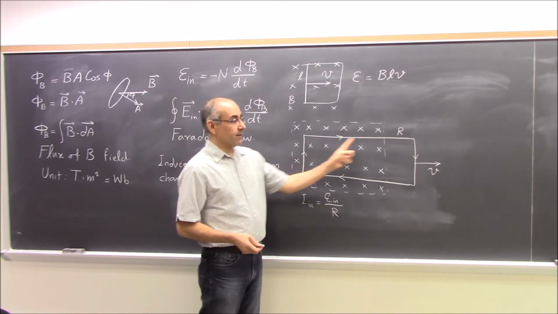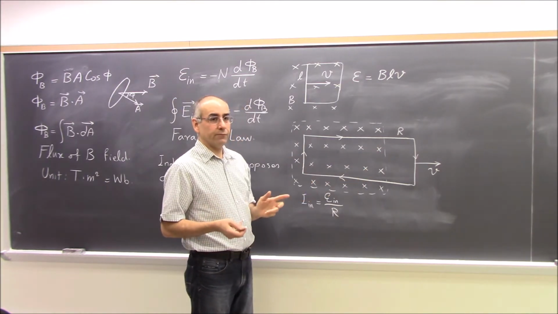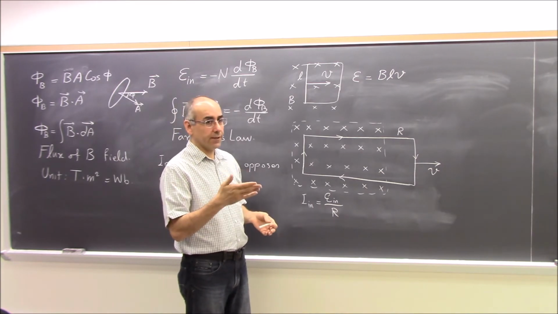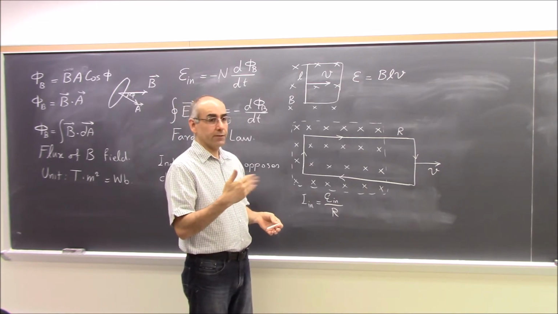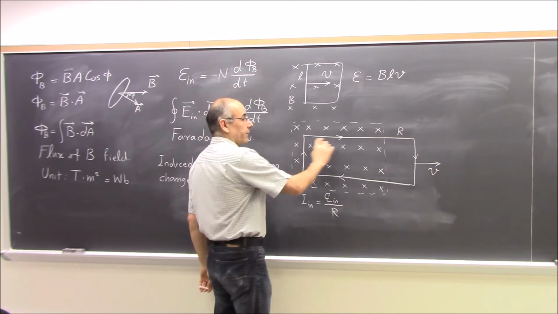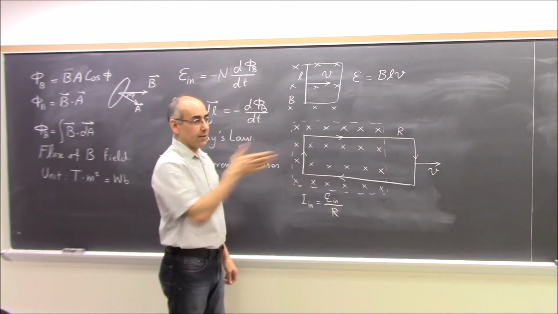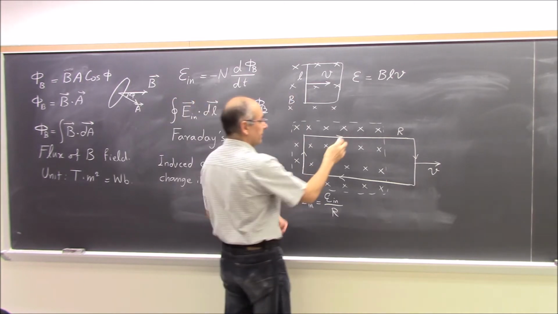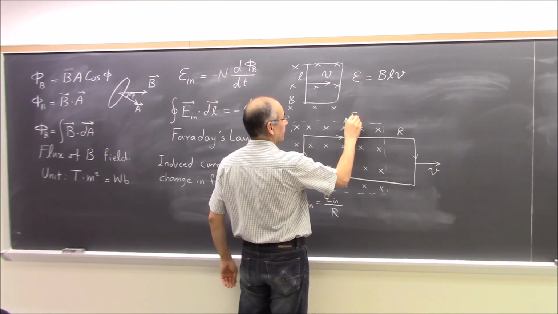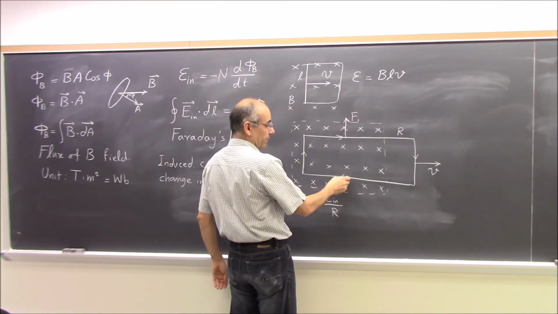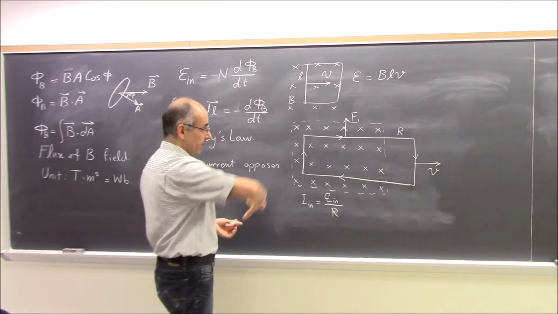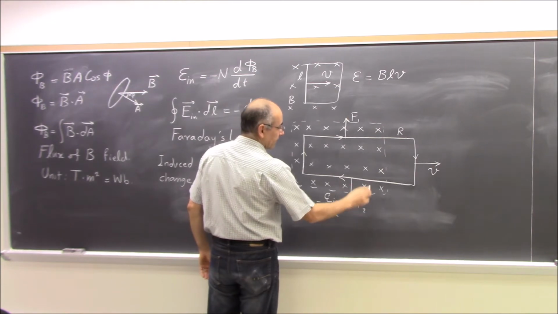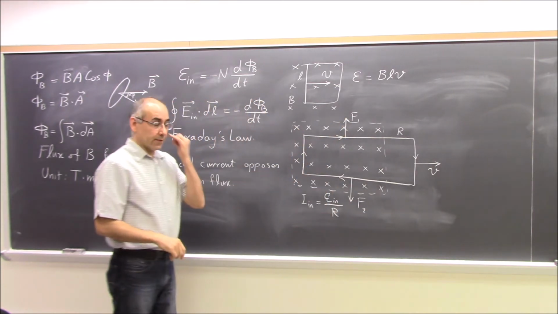We said the force is the current times L cross B. On the top part, the current is that way, cross B, the force is up. So there's a force this way, let's call it F1. What about the bottom? The force is downward, F2. And these are the same, so they cancel out.